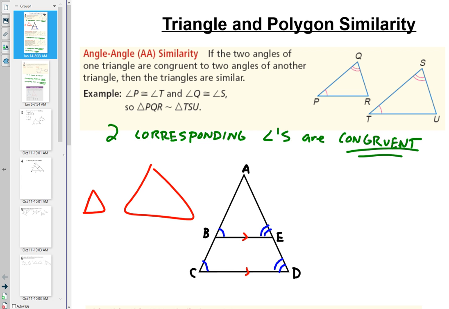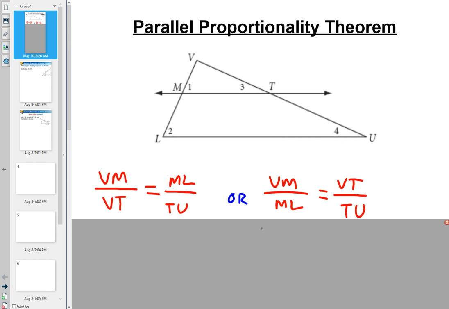Now that's still going to be true if something that you're looking for or being given has to do with these sides here. But if you're looking laterally on the sides where the parallel line is touching, if I'm missing any one of these measurements here, I don't need to split up the triangles. I can just set up a proportion comparing those measurements to each other. That's the basic gist of the entire lesson for tomorrow.